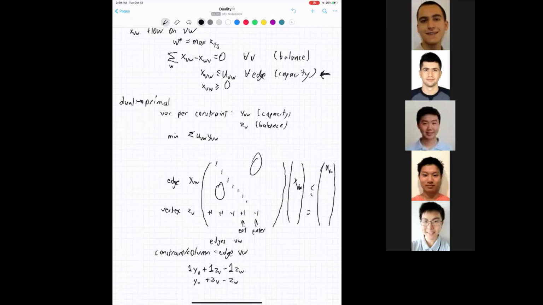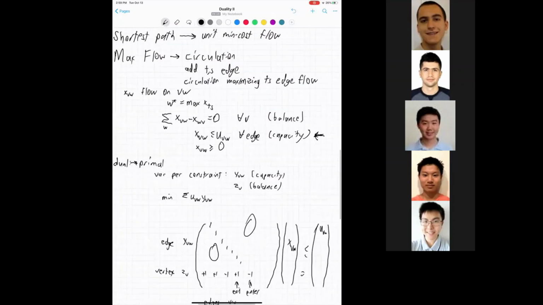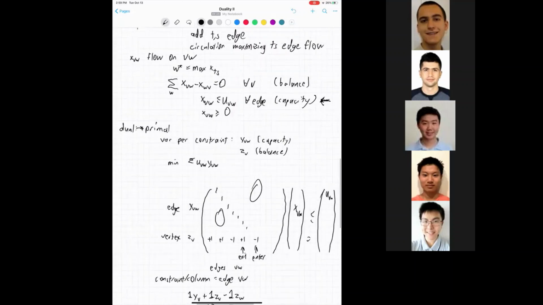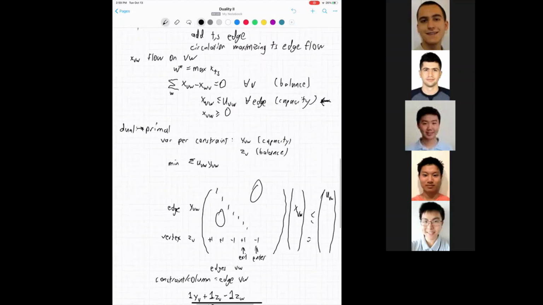What's the right side of this constraint going to be? How do we figure out the right-hand sides of the constraints? Where do we look for the numbers that go on the right side of the constraints? We're going to look at the objective function. So it's going to be 0 if it's not the TS edge, and it's going to be 1 if it is. Exactly. We look at the objective function of the original linear program.